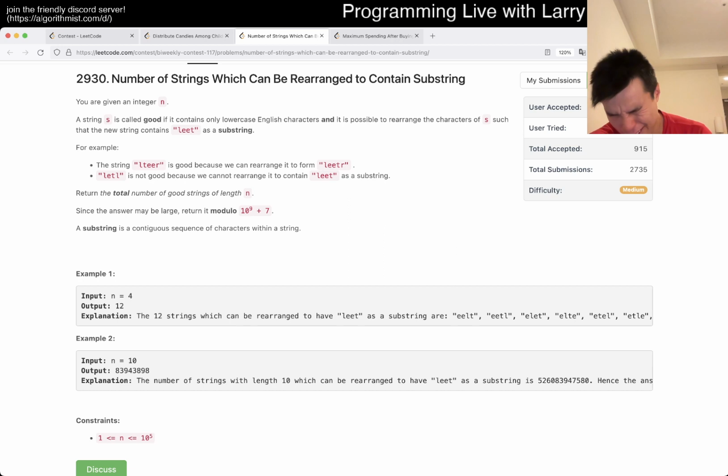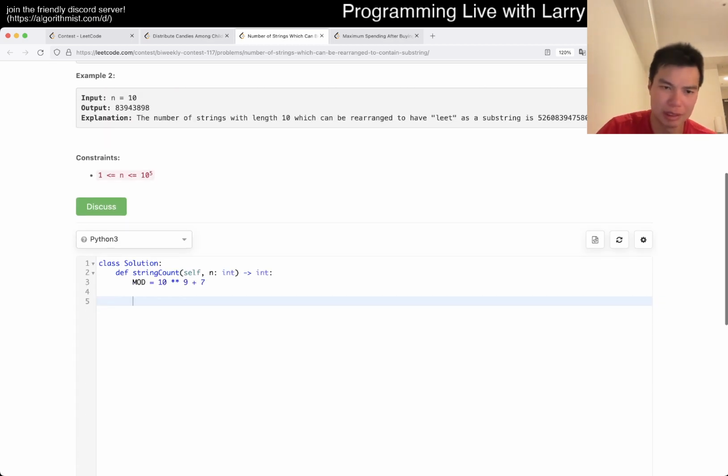So what does the opposite mean? That does not contain it, right? So that means that you're restricted to either one L, 2 E's, or 1 T, or some combination of them. And we could do inclusion exclusion for it, I guess. Maybe that's the way to go.